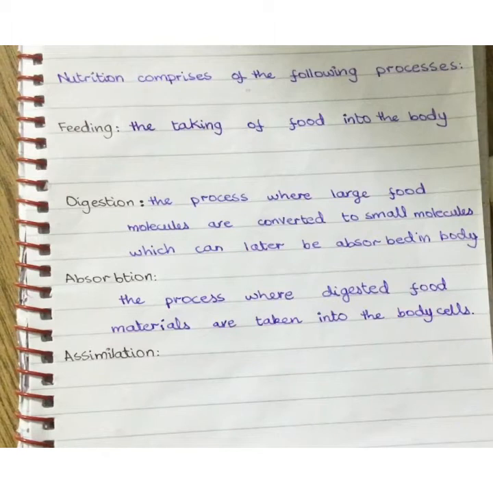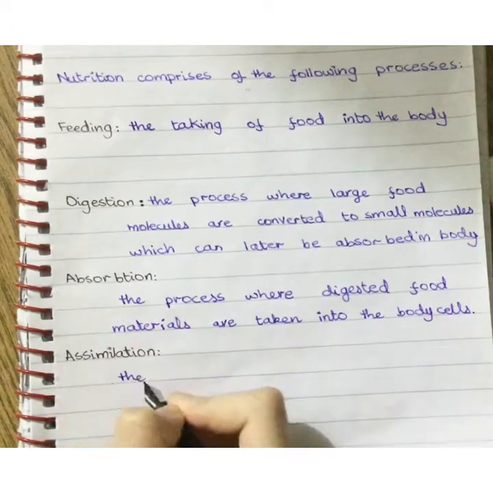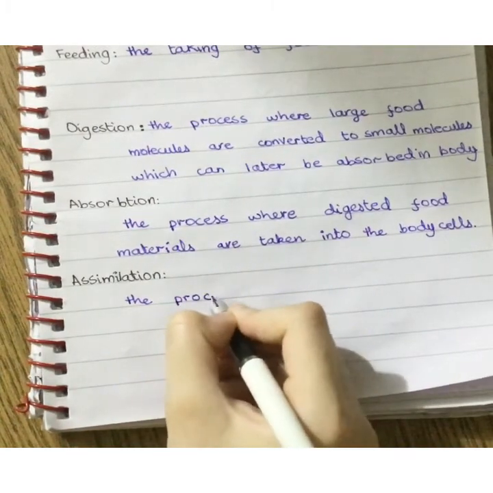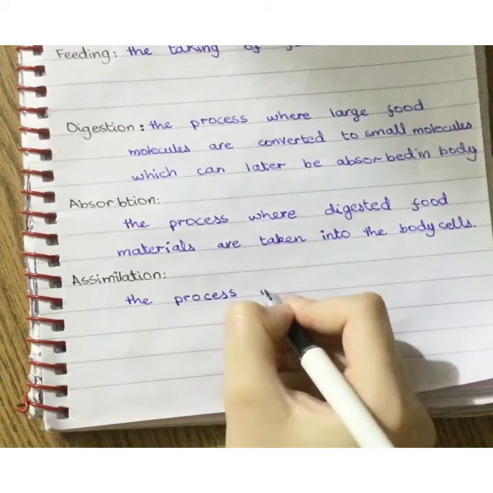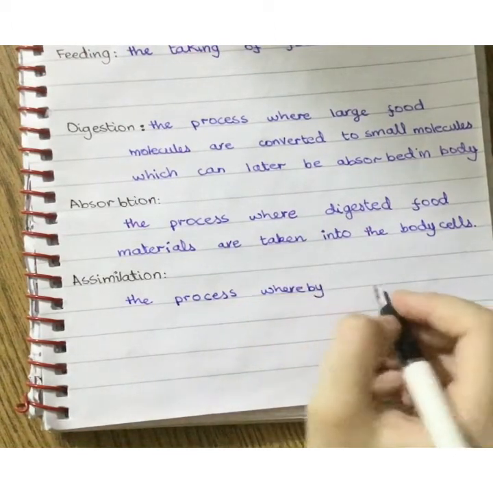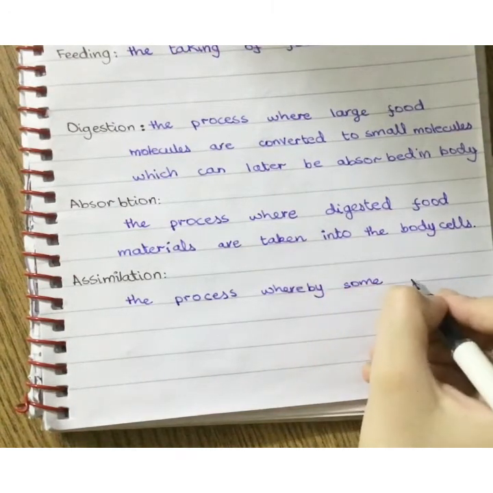So assimilation, moving on. Assimilation is the process where some of the absorbed food materials, which are now absorbed into our body, are used. Assimilation comes from the word assembling. Assembling means arranging things in something.